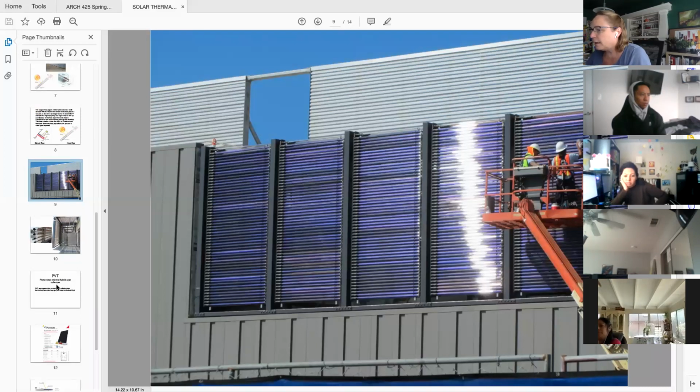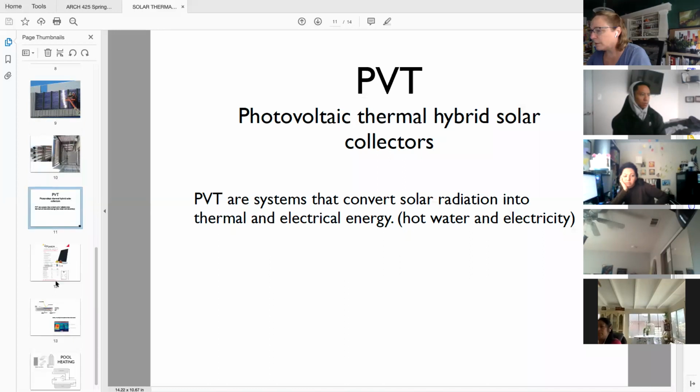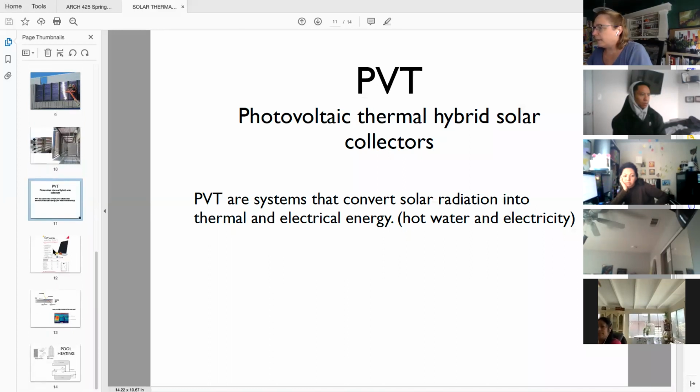So that is one type of fancy collector. And there is another type of technology that there's a couple different manufacturers out there. What they try to do is to combine both solar electric and solar thermal into a single collector system.